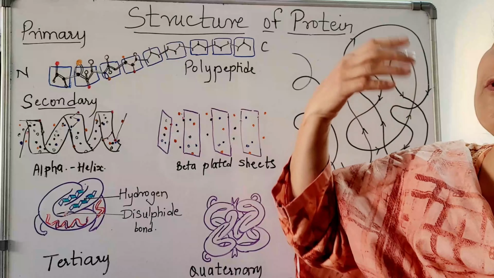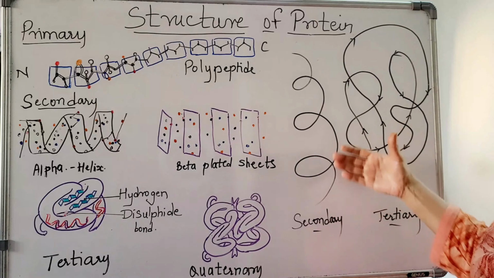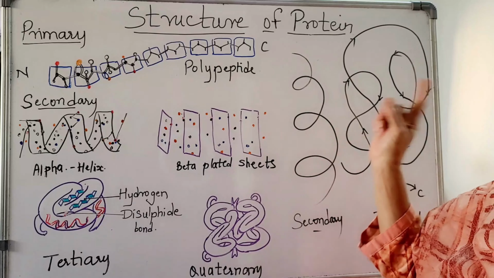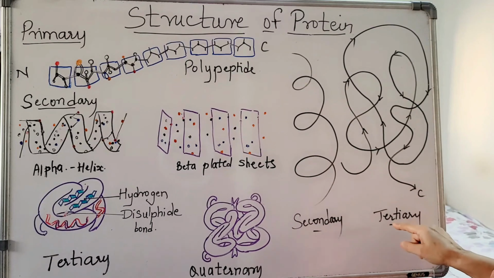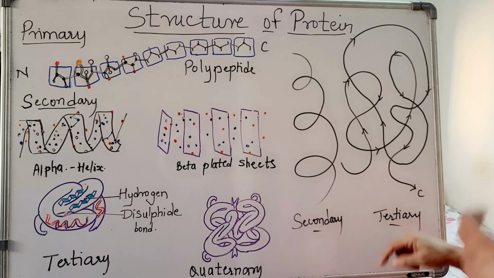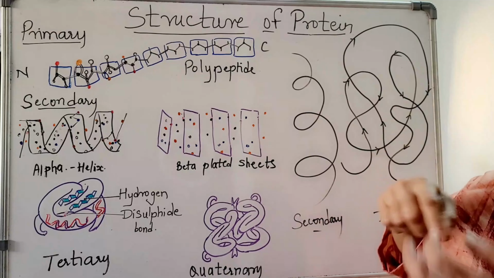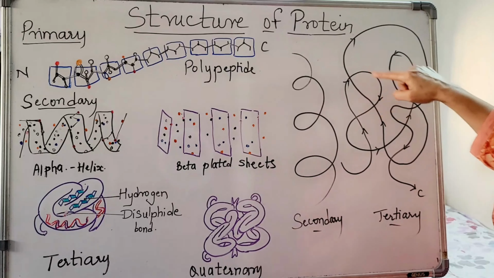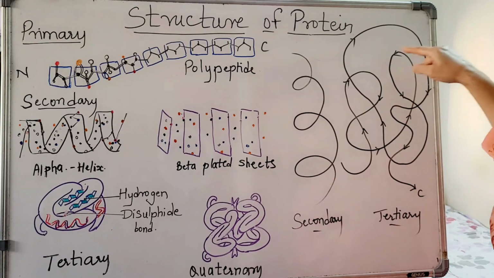So this is how. Now this is the cartoon structure of secondary structure forming a helix, and here you can see the tertiary structures forming like a woolen ball which is entangled this way, this way, this way.